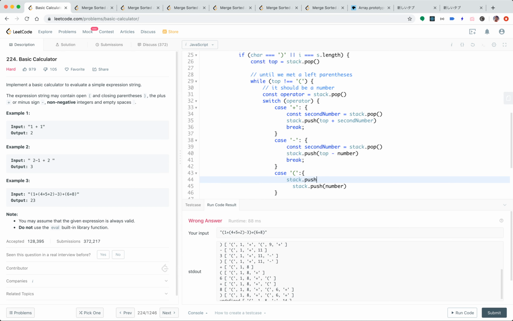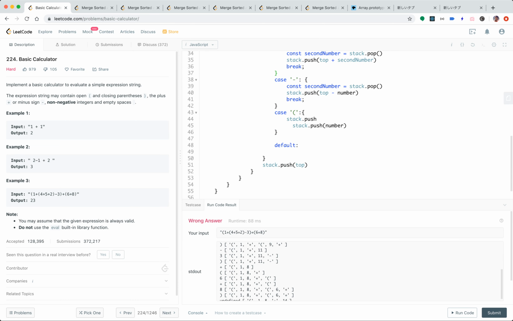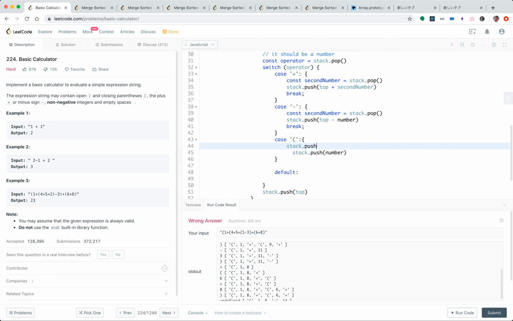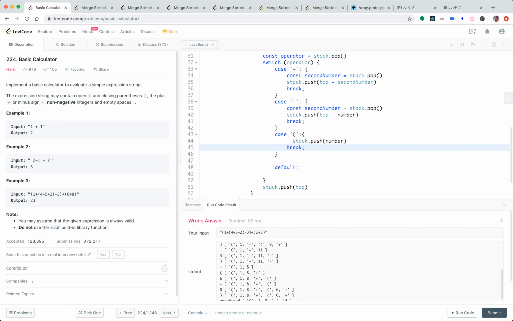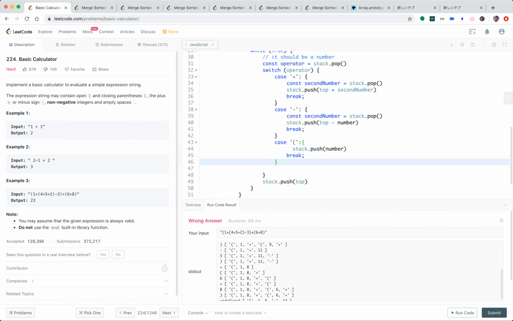We don't break, while true. Yeah, we operator, if this, we push a number and then we break. I cannot break here.